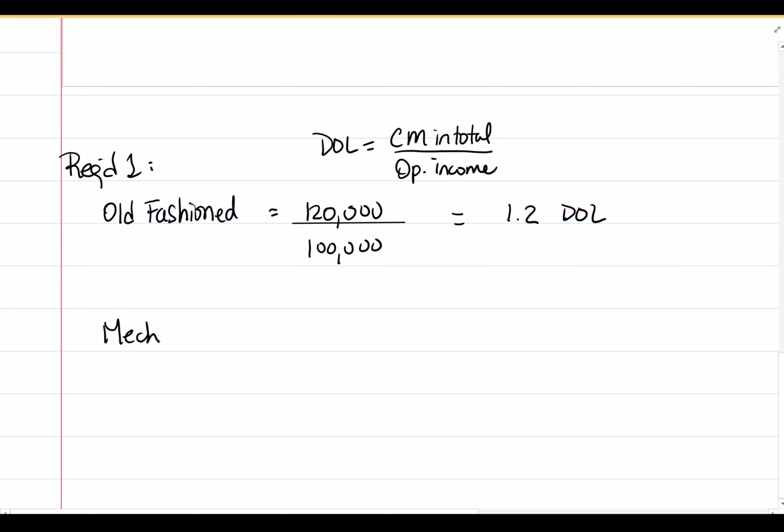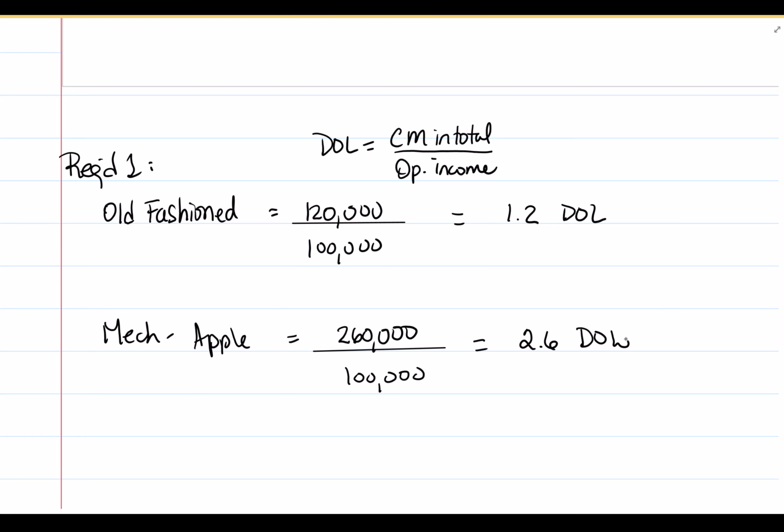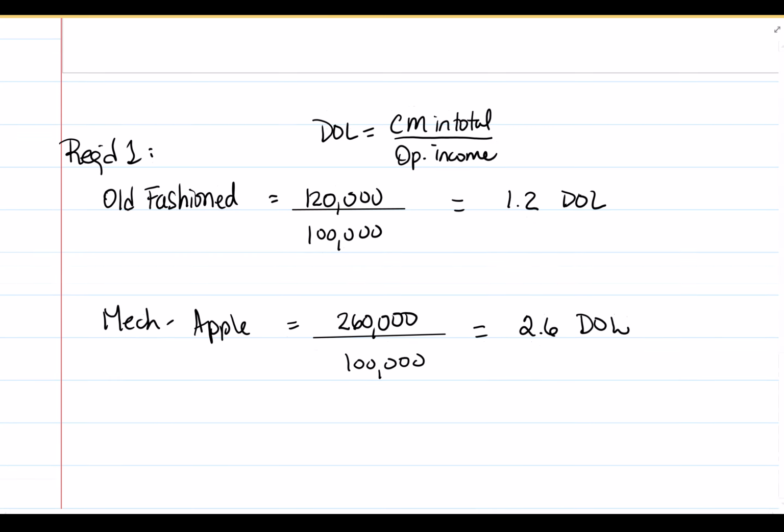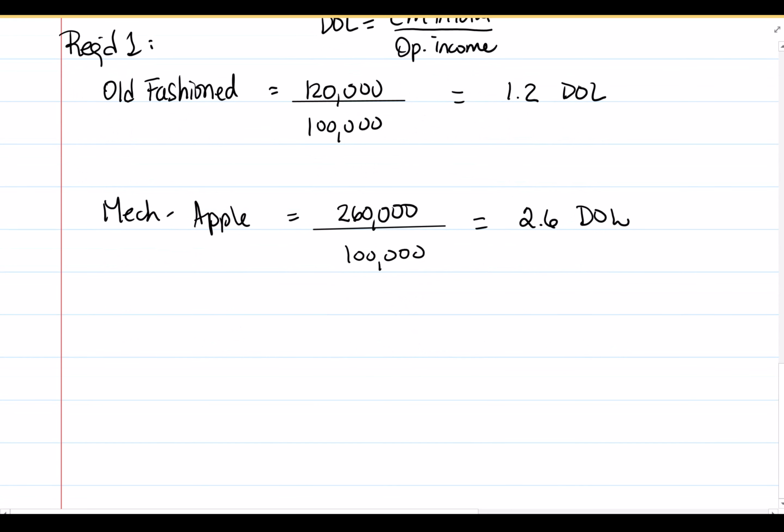Mech Apple, on the other hand, their contribution margin is $260,000, and their operating income exactly the same at $100,000. So their degree of operating leverage is 2.6. So which company's cost structure makes it more sensitive to its changes in sales volume?